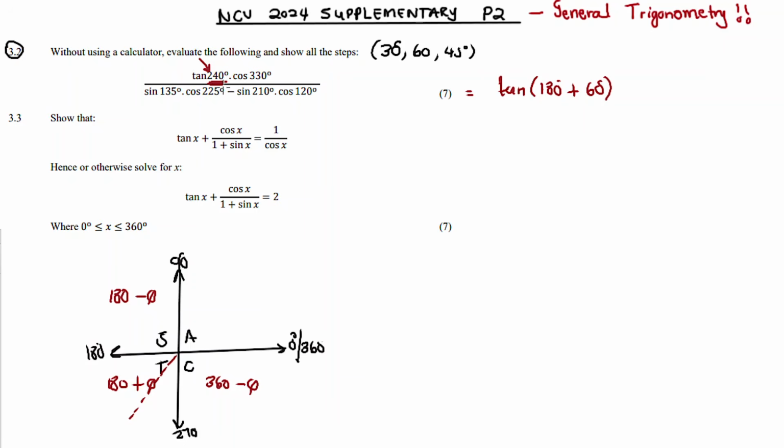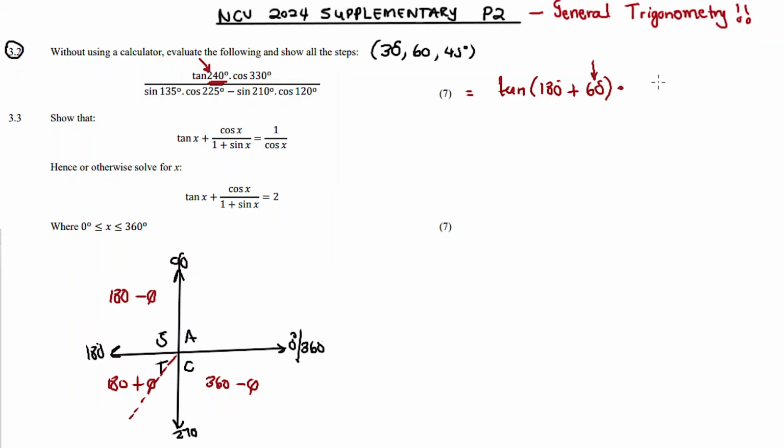You want to express the 240 as a reduction formula, so it's going to be a sum or a subtraction between the formula and a special angle. You are basically writing it as a reduction formula, but the theta should be a special angle. So 180 plus 60 gives us 240.